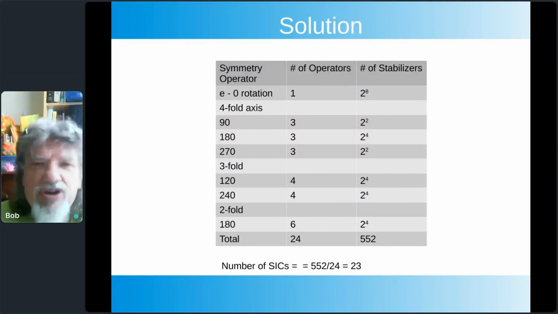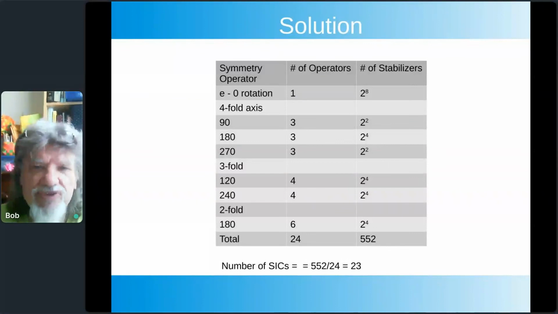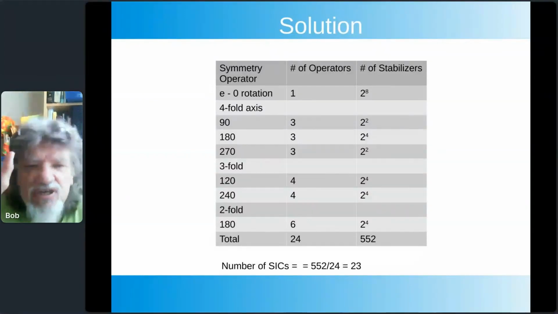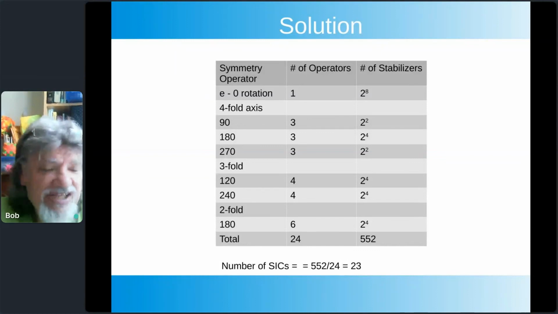Okay, now, symmetry operators. What does this group symmetry look like? Well, first of all these axes, the 4-fold, the 3-fold, and the 2-fold, have a 0-degree rotation. Well, that 0-degree rotation is the identity. Nothing changes.